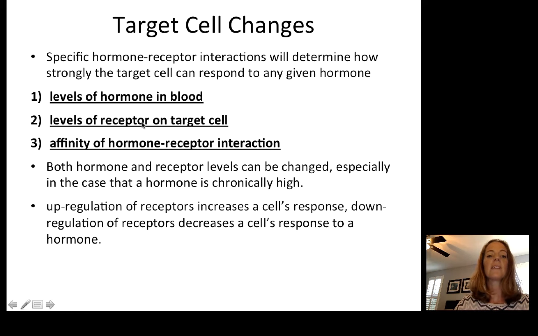The level of receptors that are on the target cell can increase hormone activity. And how strongly the hormone receptors bind to each other, or the affinity of this interaction, the more strongly the hormone binds, the longer it will be bound, and the more likely it will be to bind, the stronger the hormone action.